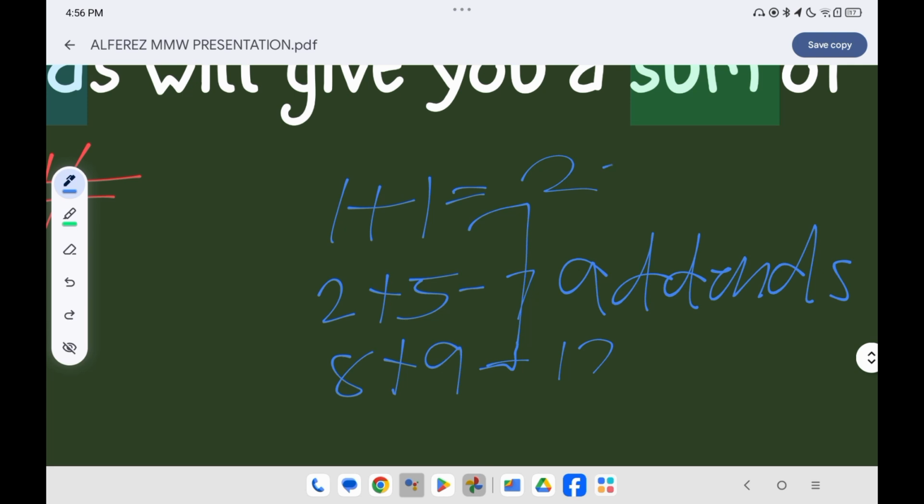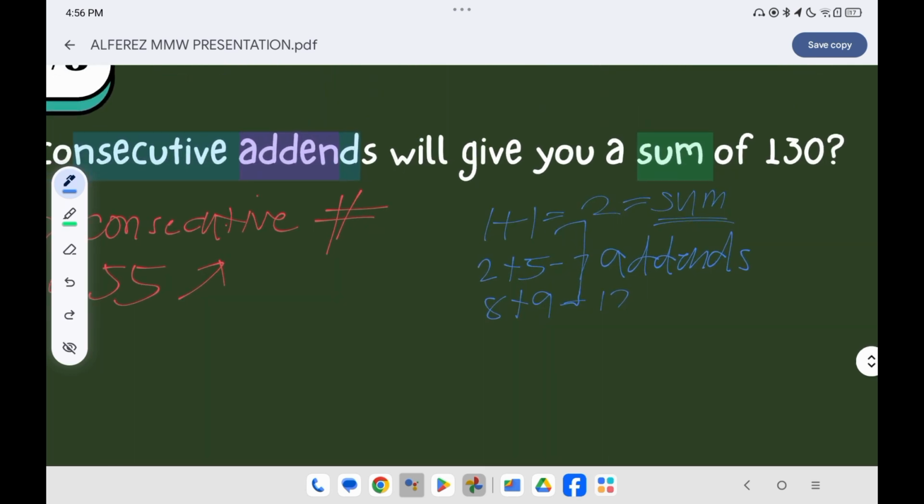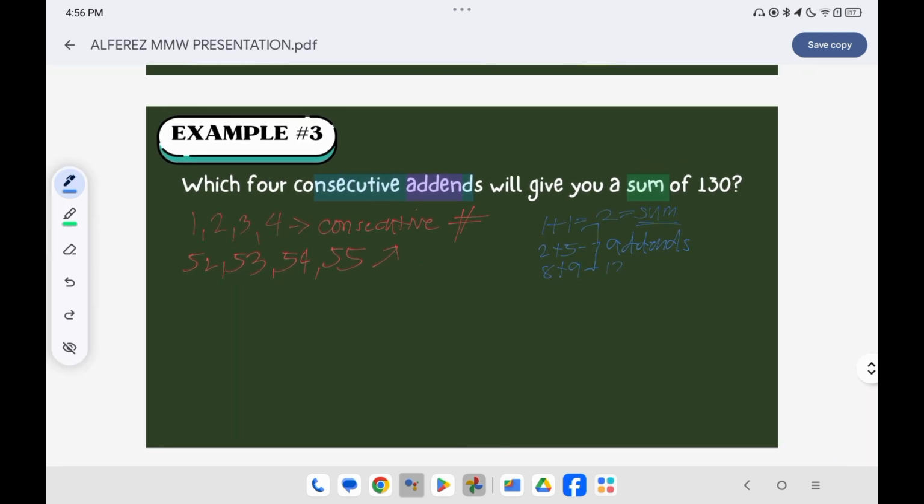That is called the sum, the total of the addends. So the question is, which 4 consecutive addends will give you a sum of 130?